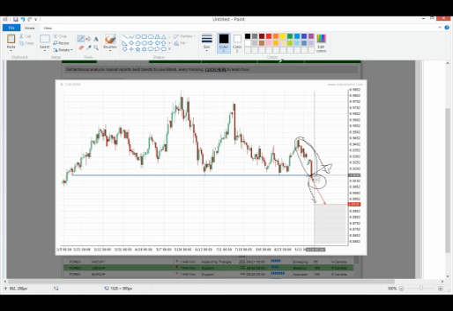But certainly, as I was saying before, an opportunity that you may want to consider is actually to take a pending order at this level, long, or a pending order at this level, short. Excuse my drawing ability, I'm not a big paint expert either.